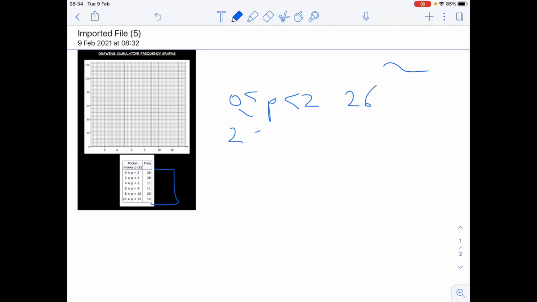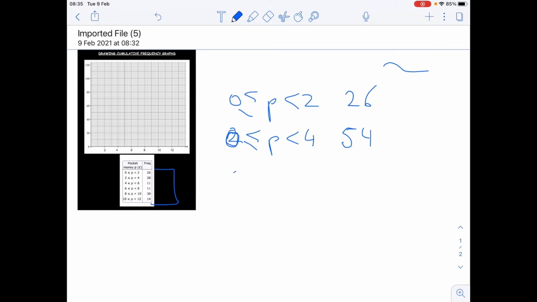P, for pocket money, is the variable. Then I've got 28 people, but 28 plus 26 is 54. Because I'm trying to find the cumulative frequency, that's the running total. So I've got the 26 that have between 0 to 2, and between 0 to 4, I've got 54 people.